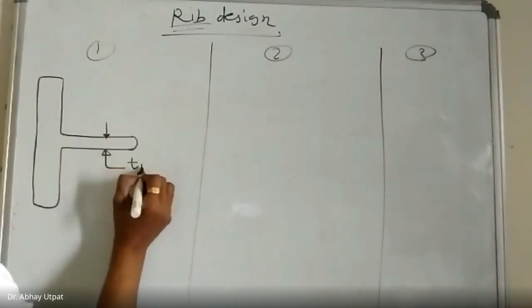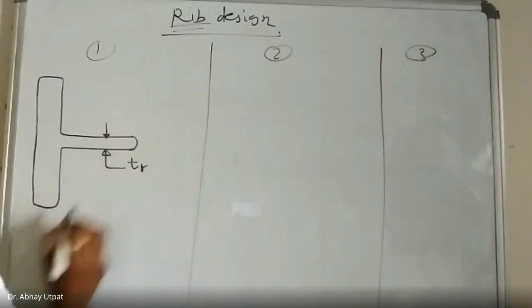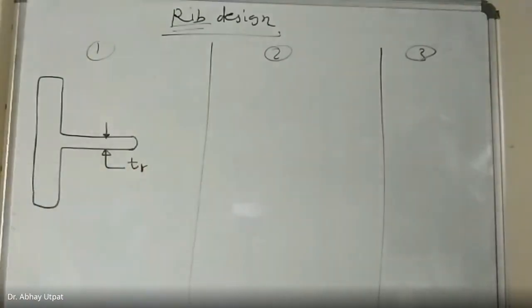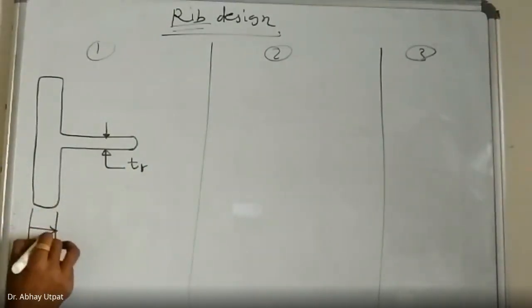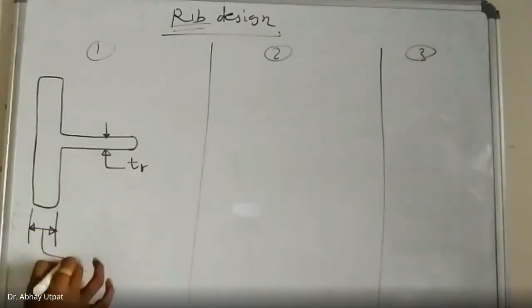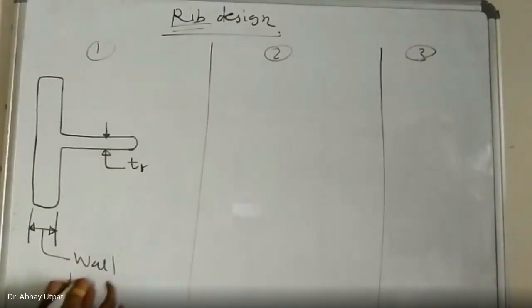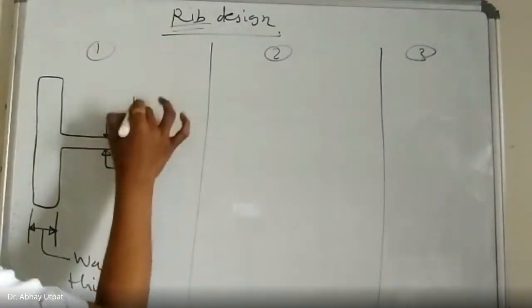So this is TR, thickness of rib, and this is wall thickness, your main thickness. This is a rib.